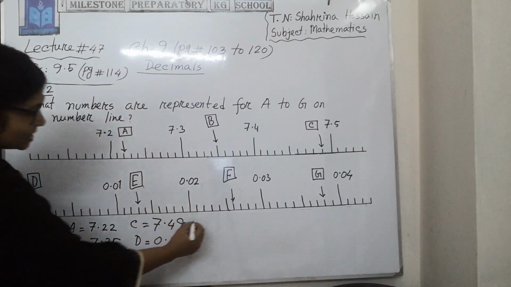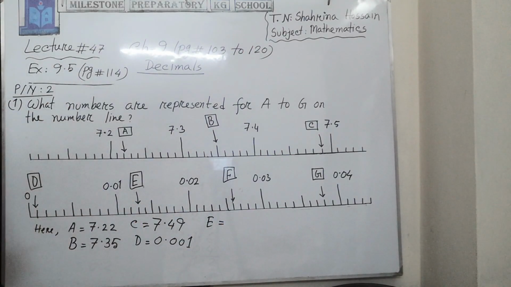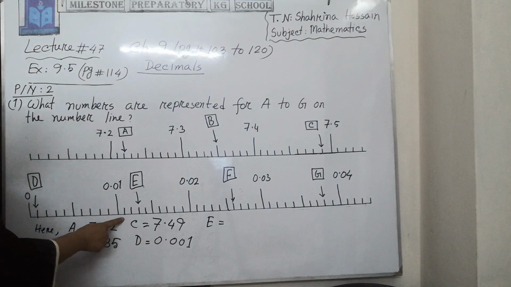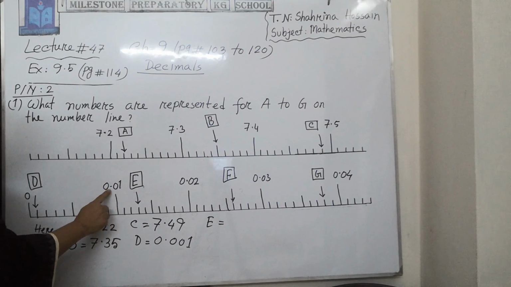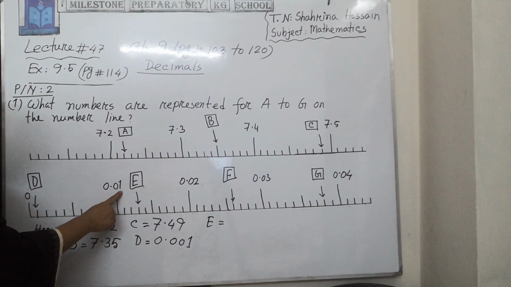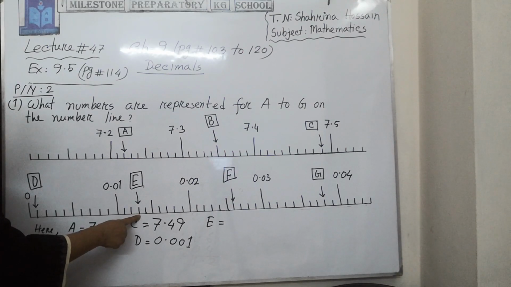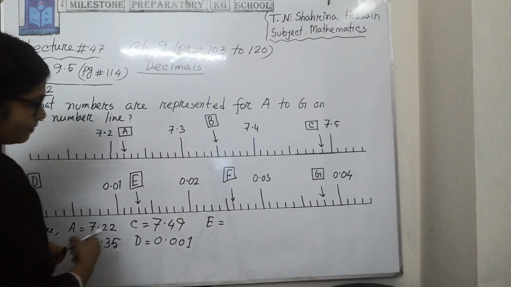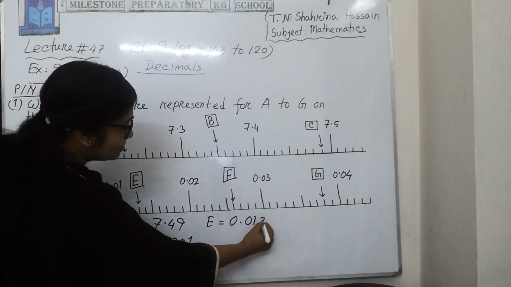So each position is 0.011, 0.012, and 0.013.